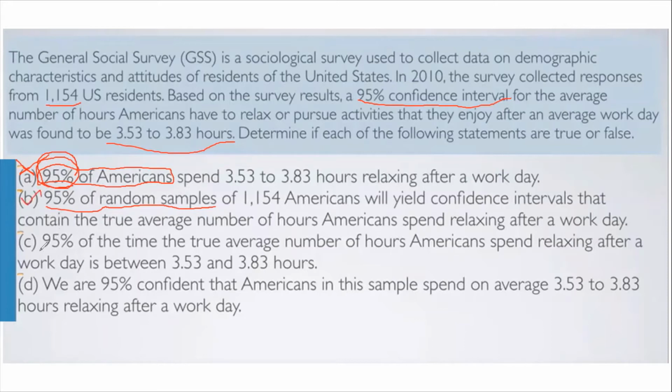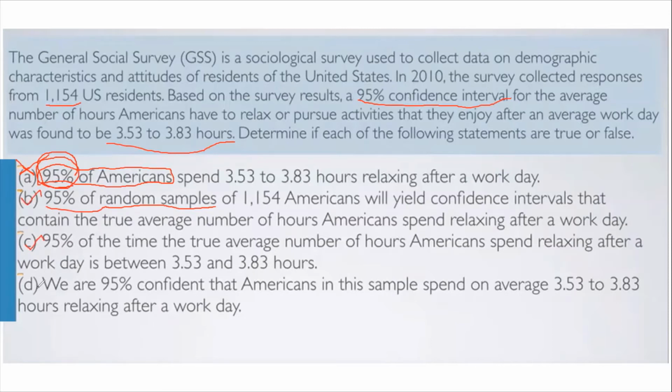Next, C: 95% of the time, the true average number is between this and this. I think C is correct. Somebody says D is true, but another says it is false.